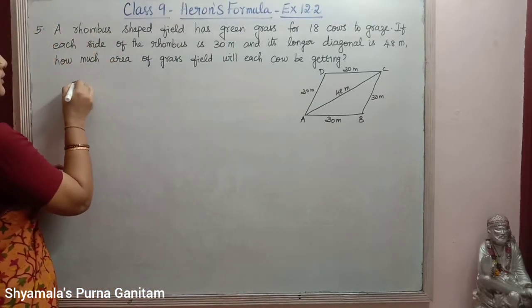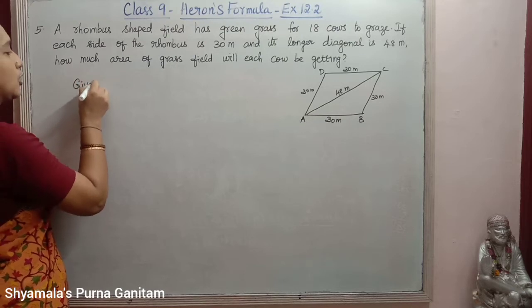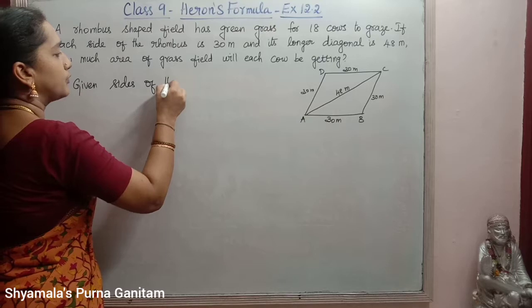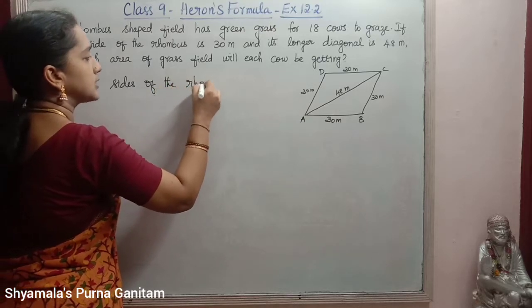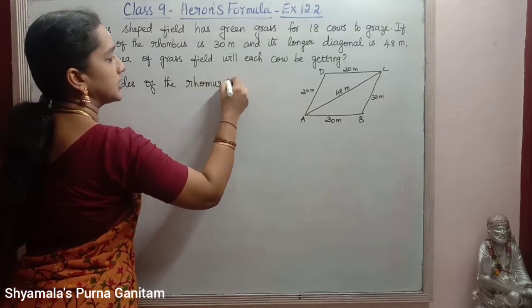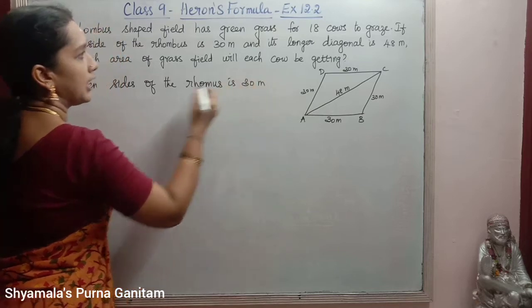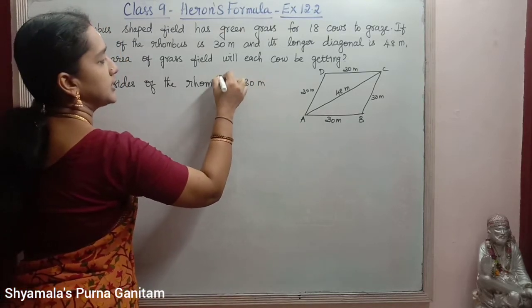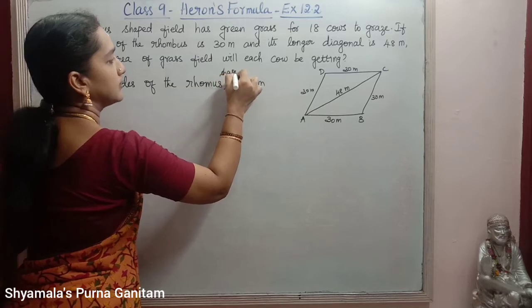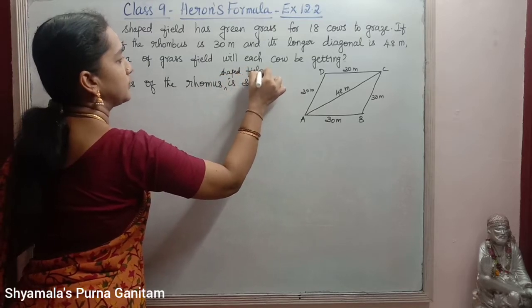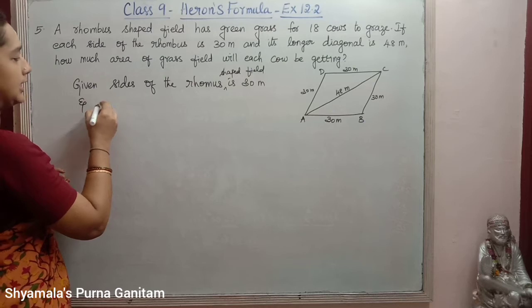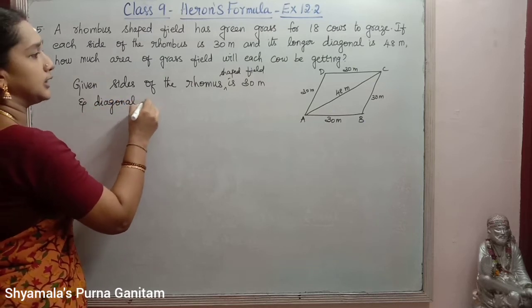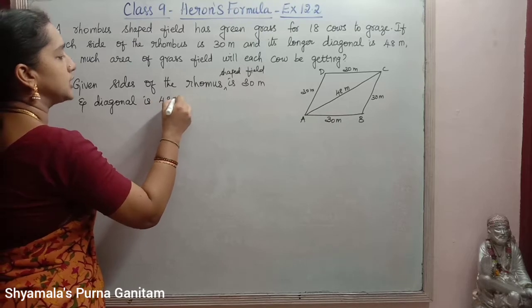Given, sides of the rhombus shaped field are 30 meter and the diagonal is 48 meter.